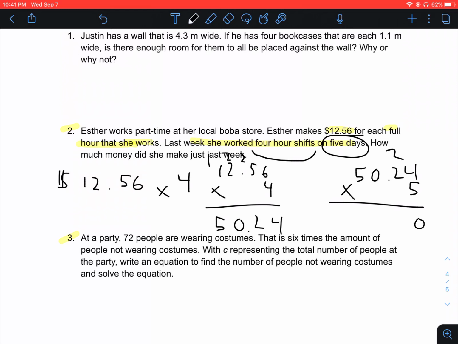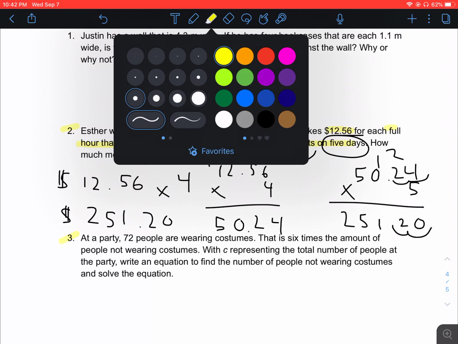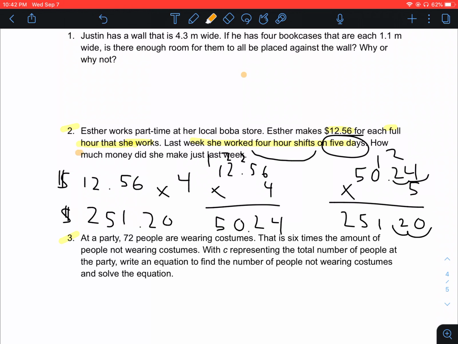So 2 times 2, 125. Now we move over 2 places, 1, 2. So our answer will be 251.20 because it's asking for how much money she made. So make sure you include the dollar sign.